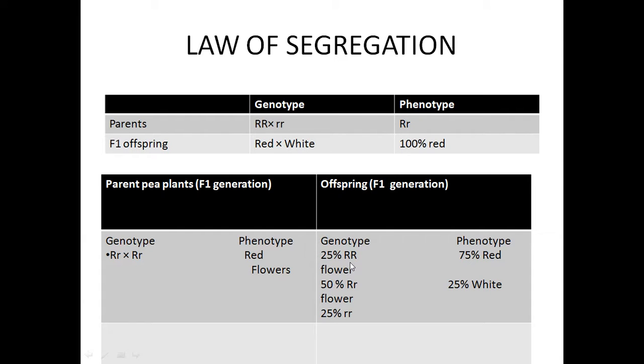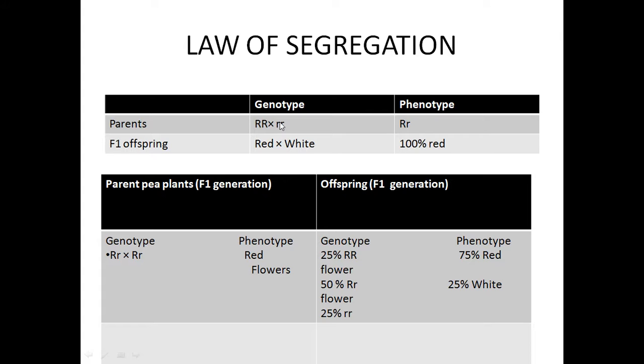Capital R, capital R flowers, 50% are capital R, small r flowers. The remaining 25% are small r. Phenotypically, 75% are red and 25% are white.